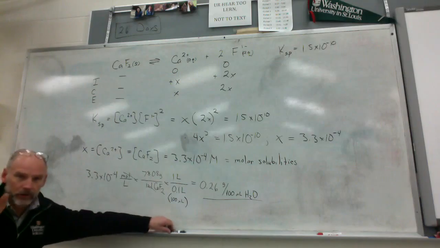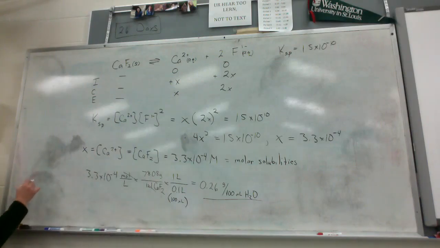For example, let's just play with this. Let's say you had a negative 0.25 and a negative 0.18. Which one is the more positive? The 0.18.